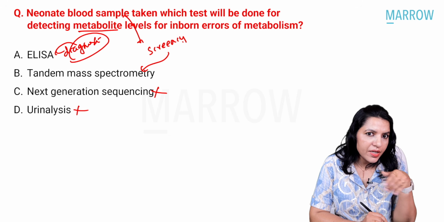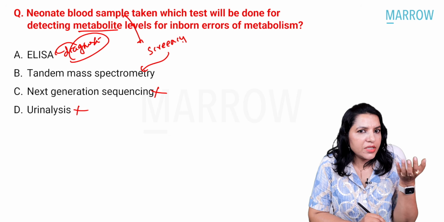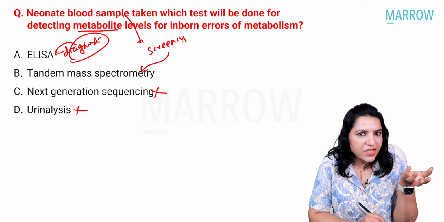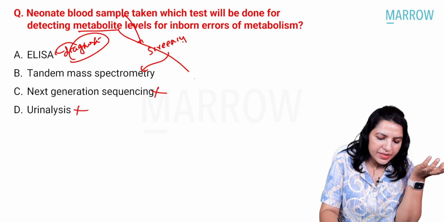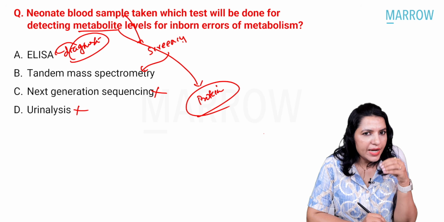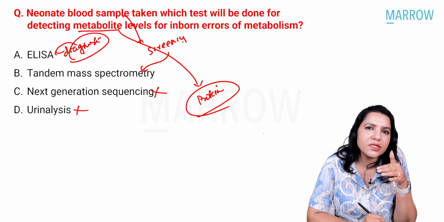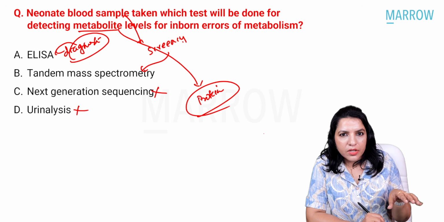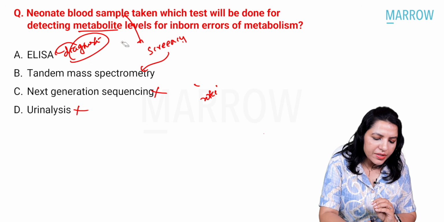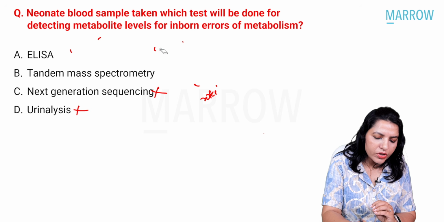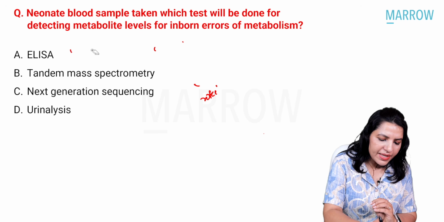If ELISA was there, that can also detect a metabolite, especially if the metabolite is a protein. ELISA is a technique where antigen and antibody can be detected. So it is concerned with protein metabolites only, not with all metabolites. This question is not saying that it is a particular protein metabolite. It is generally just saying that it is a metabolite.